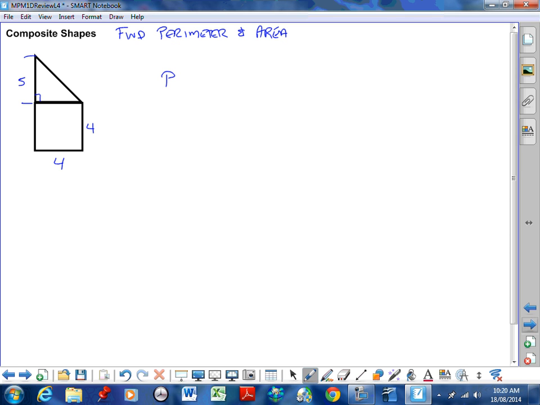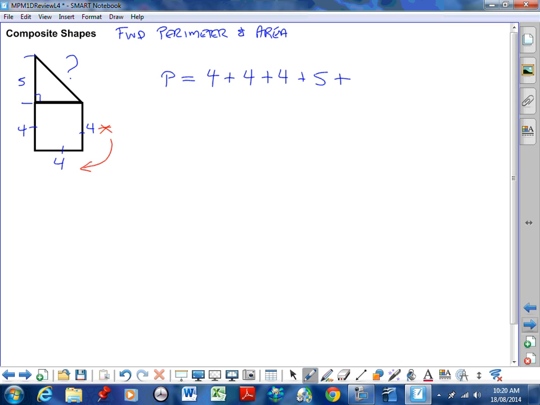So perimeter equals, so I'm just going to make a mark where I'm starting. So I'm going to start here and go that direction for no particular reason. So I would have 4 plus 4 plus 4, because this has to be a square. That would be a 4 plus 5 plus I need to know that length right there.